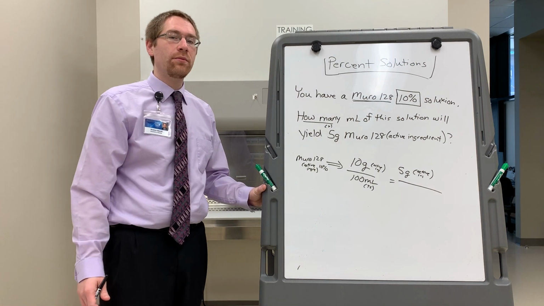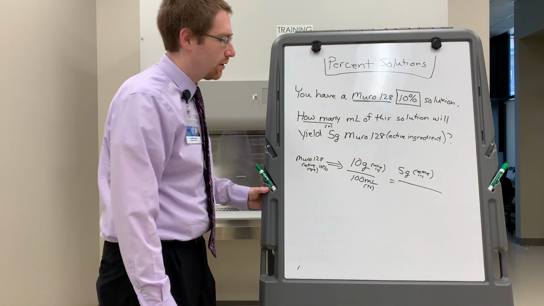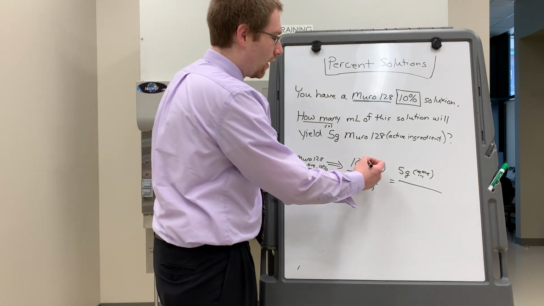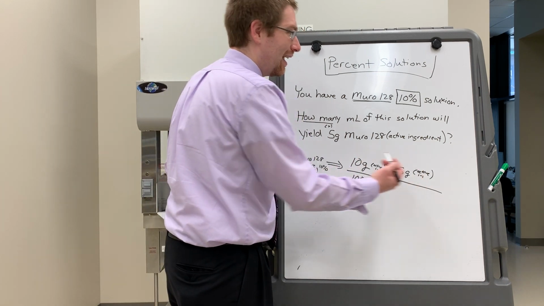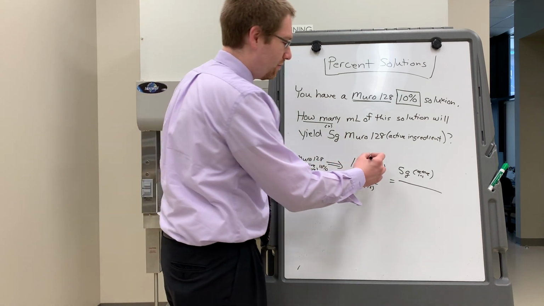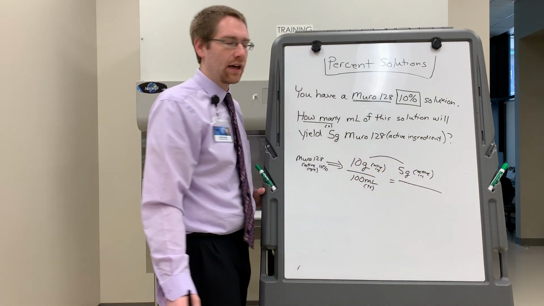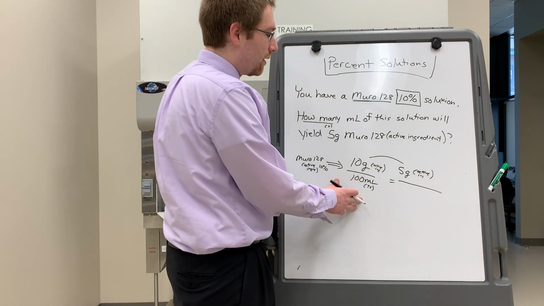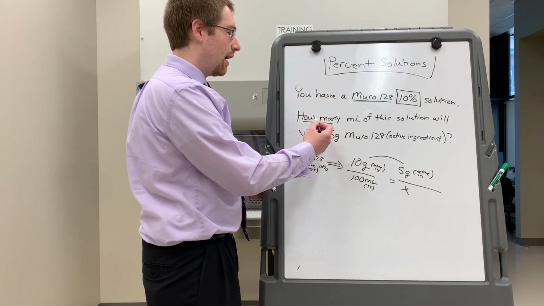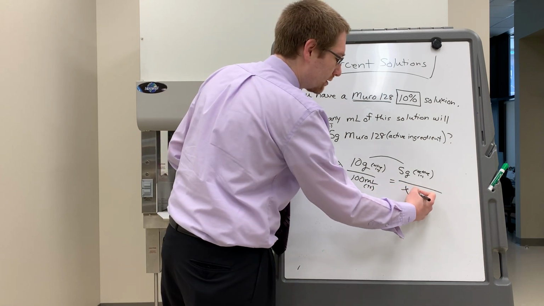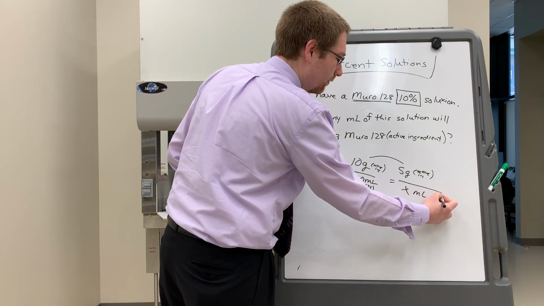Like we've talked about in our previous dosage calculations module, if grams of active ingredient is on the left, on top, it has to be on top on the right. The easy way to double check that is to just draw a line. So on the bottom should be our X value, and if you look at the problem, it is how many mLs of this total solution.